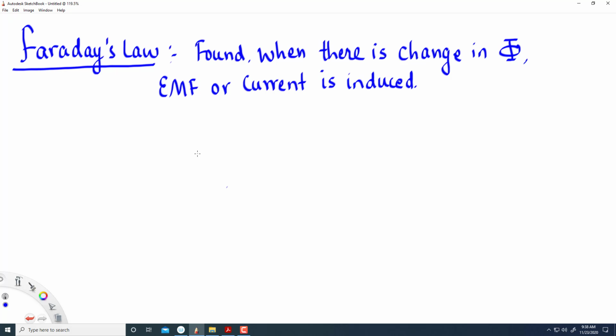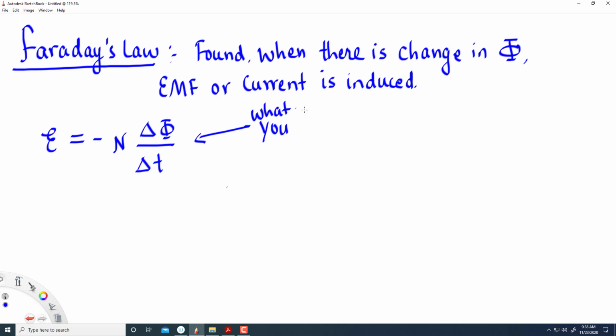So in order to get the current or induced EMF, you need to change the flux. And Faraday's law tells us that the EMF that you get by changing the flux is given by minus n and rate of change of flux. Okay, so this is what you need to get the EMF.